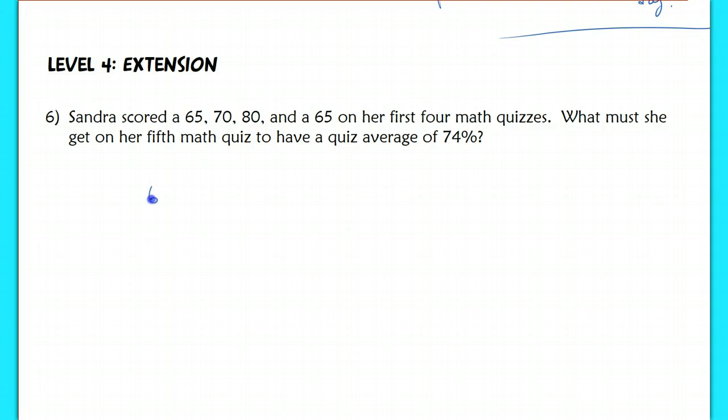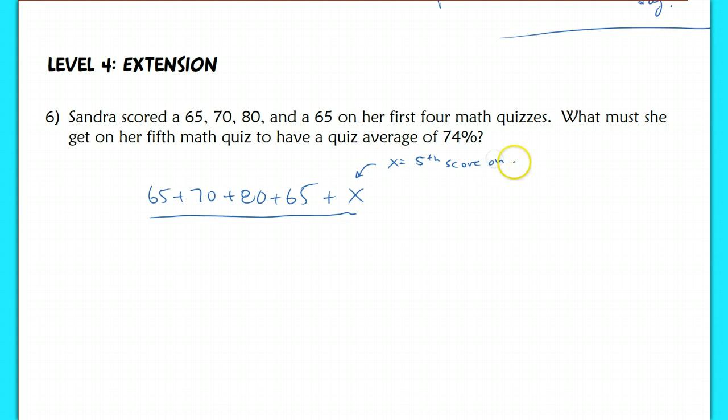So she already has a 65, a 70, an 80, and a 65 again. But she's going to take a 5th quiz, which we don't know its value, so I'm going to call that X. So X is the 5th score on her quiz. Okay? And I'm going to divide that number by the total number of quizzes that she's going to take, which is 5, and set that equal to the average that she wants.